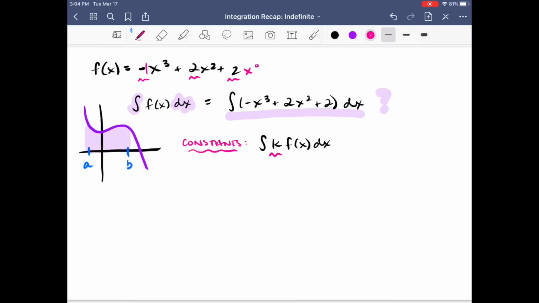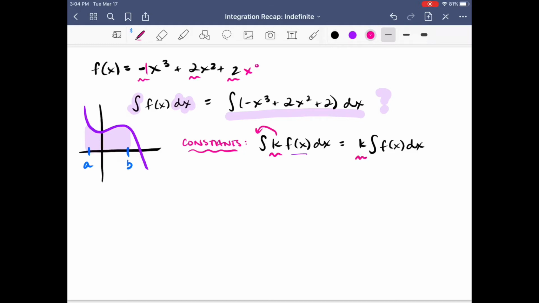It could be 2, it could be 700, it could be 12,000, and this f of x can be any function. It can be x squared, x cubed, e to the x, the log of x, sine of x. Any function at all is going to have the same rule. And the rule here says that when I take the integral of k f of x dx, this is actually equal to k times the integral of f of x dx. So all I've really done here is booted out my k.